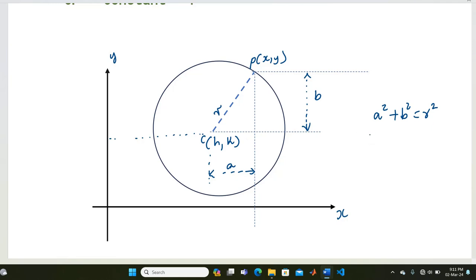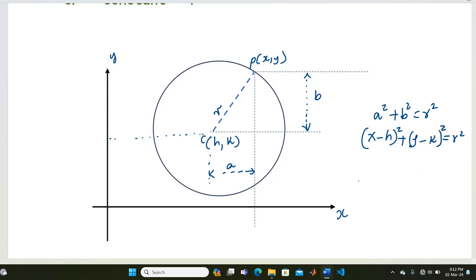It is going to be x minus h, since we said this distance here is h. So it will be x minus h squared plus b squared, which is also going to be y minus k, everything squared, and this is r squared.